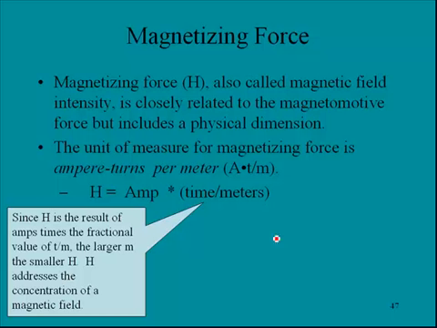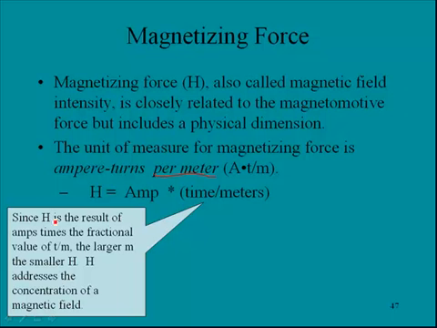Then we have magnetizing force. Magnetizing force, uppercase H, also called magnetic field intensity, is closely related to the magnetomotive force, but includes a physical dimension. The unit of measure for magnetizing force is ampere turns, notice, per meter. So in this case, the magnetizing force H equals amps times turns divided by meters.